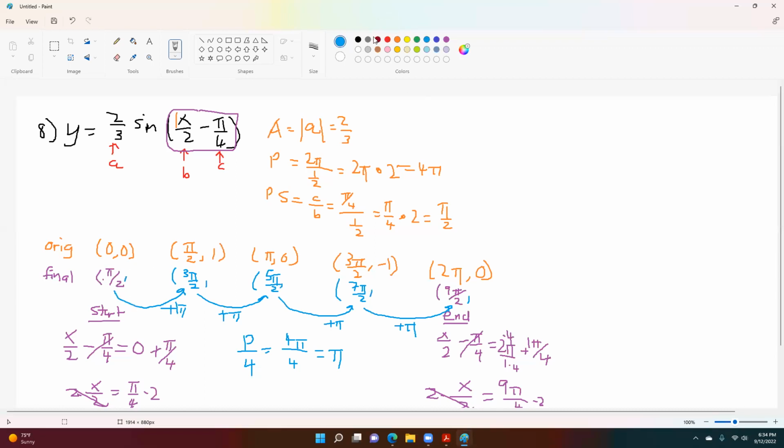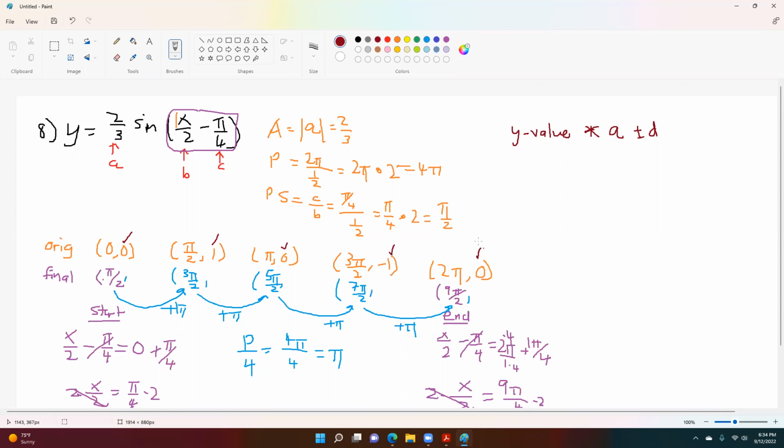And lastly is to figure out your y values. In order for you to figure out all your y values, you have to multiply by a, and you have to add or subtract d. And you're going to do this 5 times because we got 5 y values that we will use here.